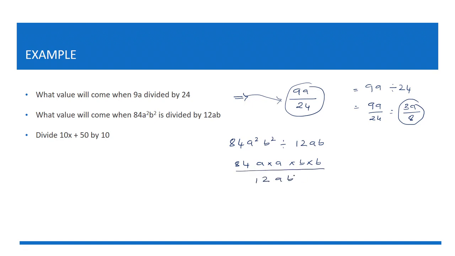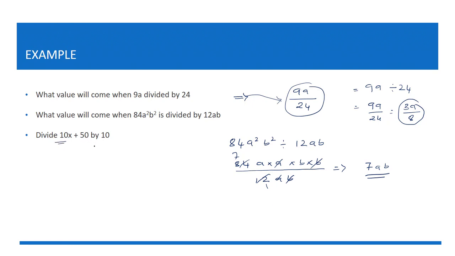Now simplify it. b cancels, a cancels. Now 12 ones are 12, 12 sevens are 84. The answer you are going to get is 7ab.